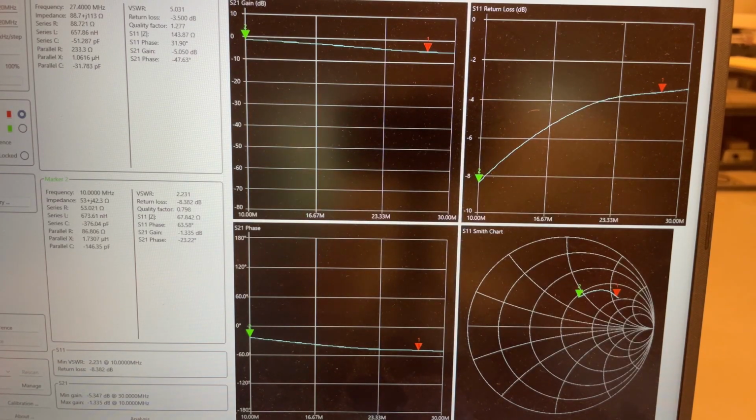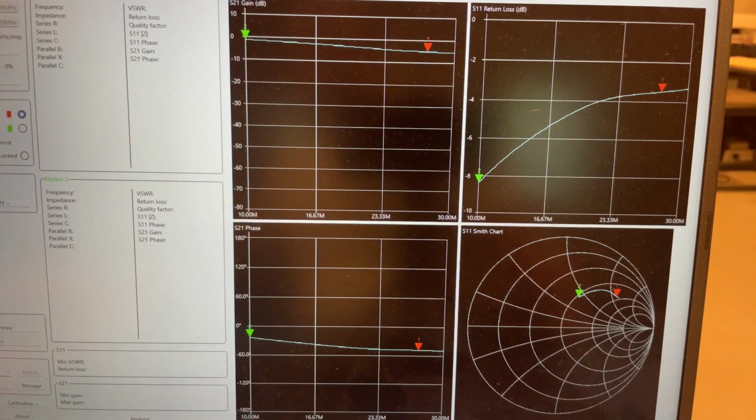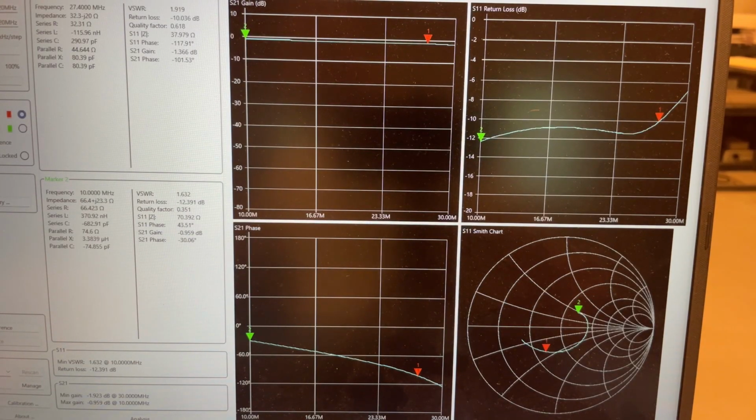So I'm going to add some tuning capacitors. The calculated value, which we're going to go through in a minute, was 750 picofarads. So I'm just going to add that value across the output transformer the way we would normally tune it. And we'll sweep again. And you see that it went from -5 dB to about -3 dB.